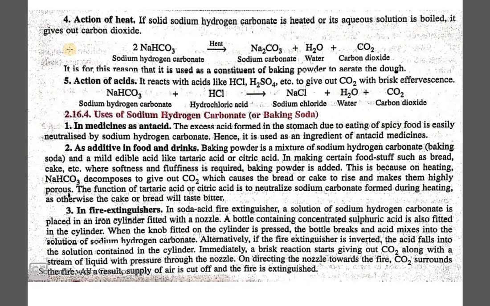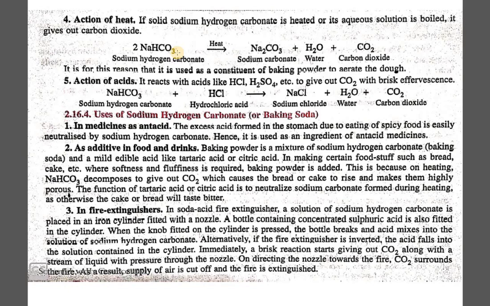The next property is the action of heat. If we heat sodium hydrogen carbonate, or its aqueous solution is boiled, it will give out carbon dioxide. Here we will find that sodium carbonate, water and carbon dioxide are formed on heating the aqueous solution of sodium bicarbonate, or if we heat the solid sodium bicarbonate directly, the products are the same.